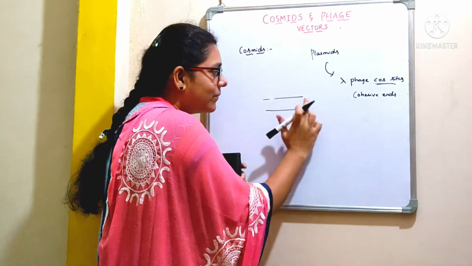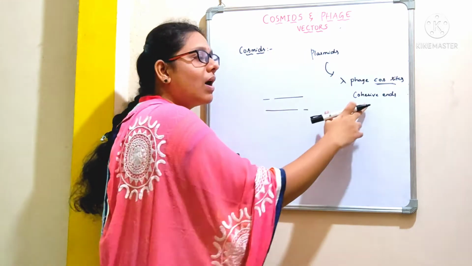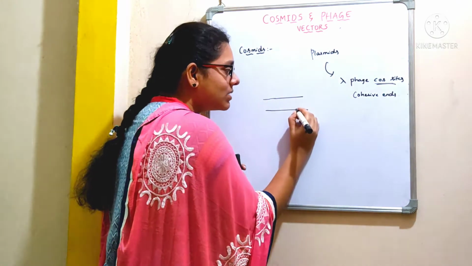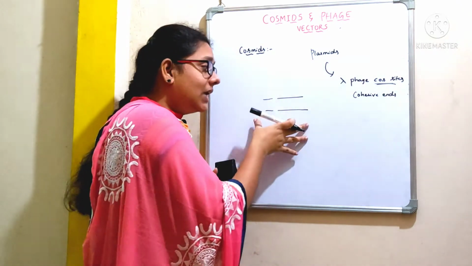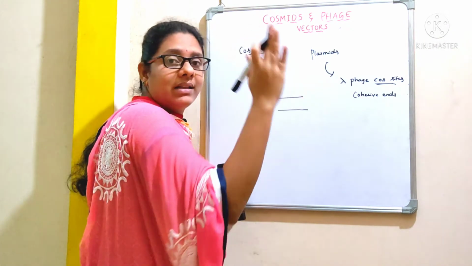Okay, see here, these produced ends are nothing but the sticky ends, or we can also call them cohesive ends. Whereas in some cases, some of the restriction enzymes will make a double-stranded DNA cut, leaving blunt ends. Hope you are clear with the difference between the blunt end and the sticky end.